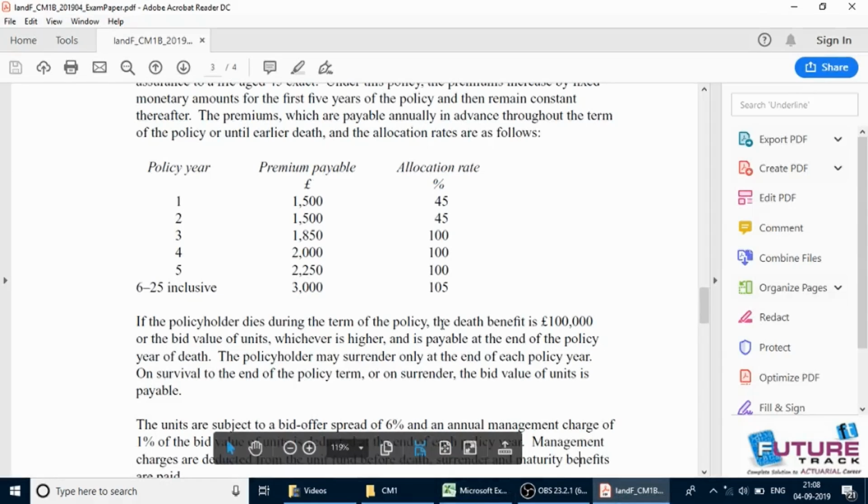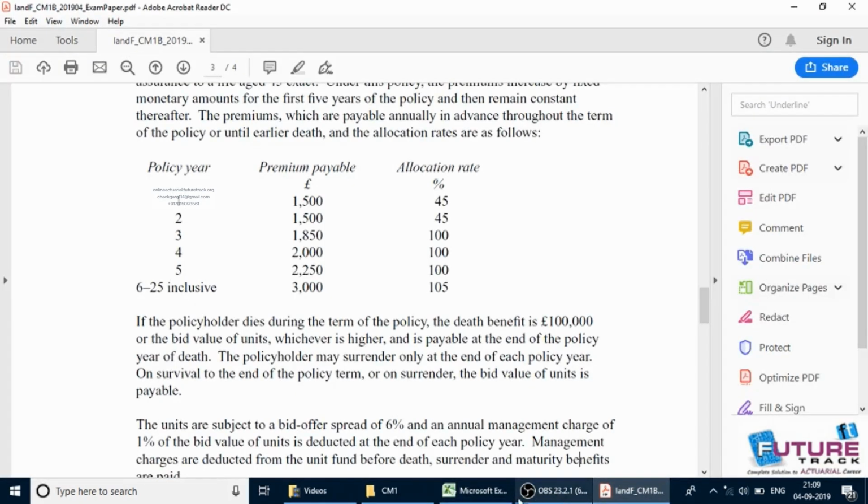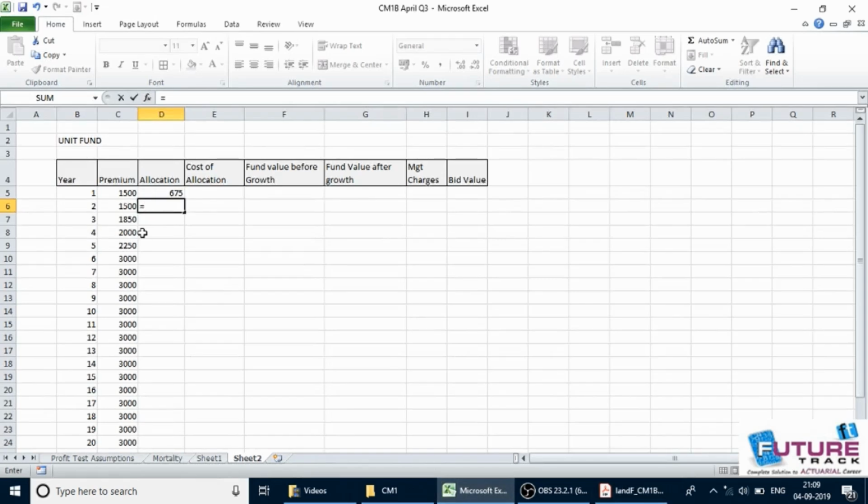Then in the allocation part we have 45% in the first year, then 45%, then 100 for the next 3 years, then 105%. So allocation is 45% of premium. Second year again we have 45% of this.